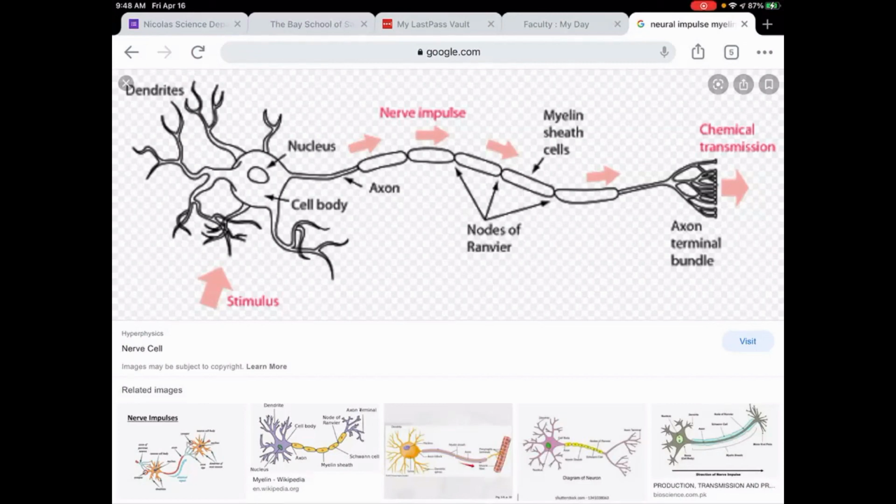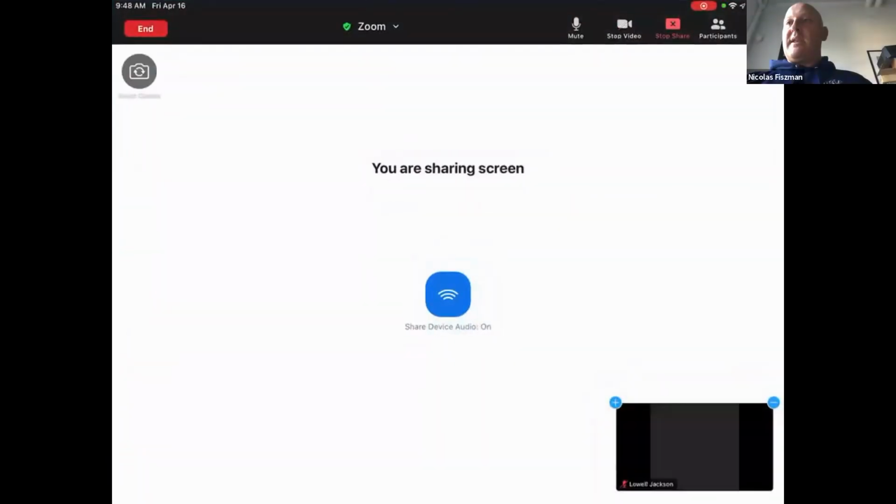What's interesting is that the longer the spacing between those nodes, the faster the signal is transferred. So when the myelin sheath gets reduced in size, there are more jumps happening. And so the signal is possibly leaking, but it's also not going as fast. So that is what is happening.